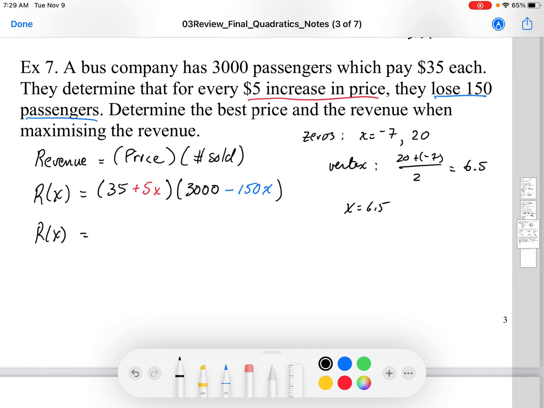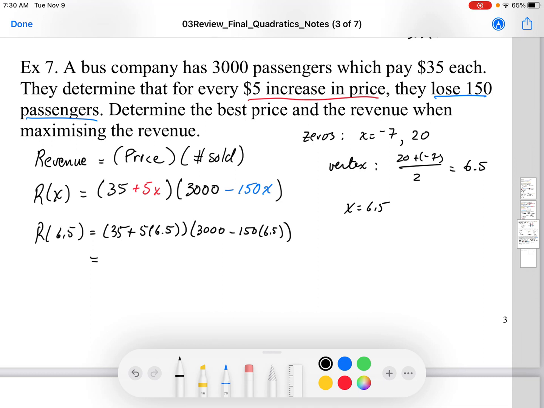Okay, so x equals 6.5. If I want to calculate the revenue, I can just plug that x into my equation. So when I plug x into my equation, I'm going to calculate the r of x here. I'm going to put 6.5 into the x value. And when I do that, I end up with 35 plus 5 times 6.5, and then 3,000 minus 150 times 6.5 for x.